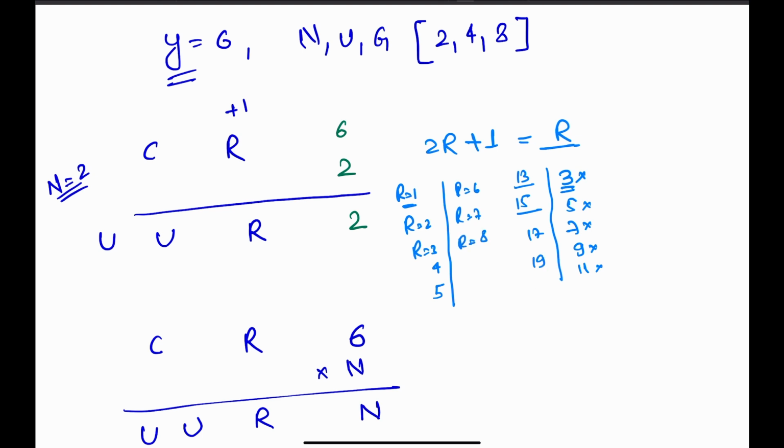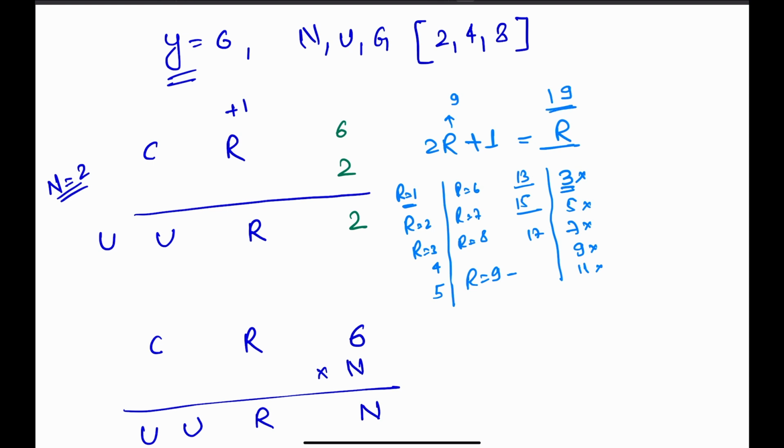R equal to 8, r equal to 9. So r equal to 9, this is satisfying, right? So at r equal to 9, 9 twos are 18, so here it will be 19, right? 19. So it is satisfying.